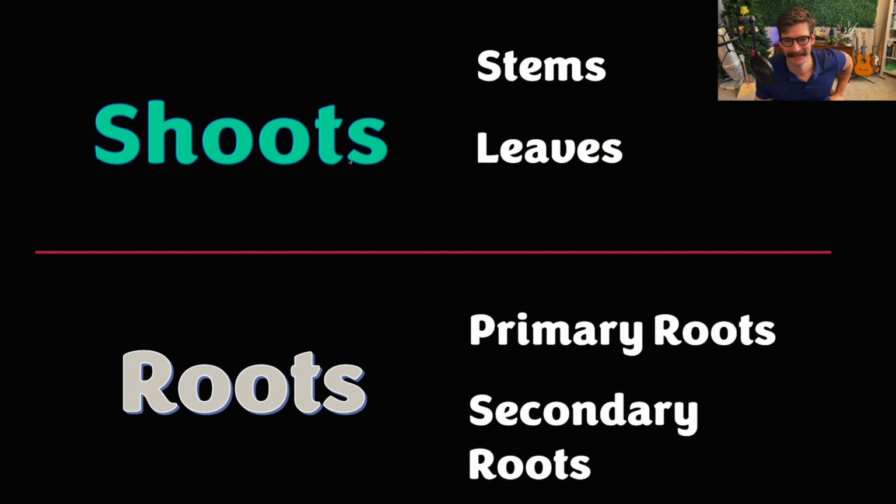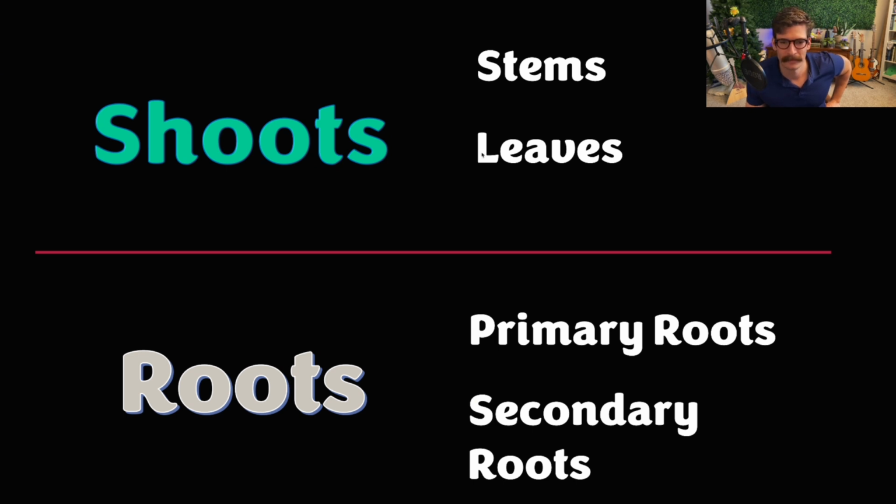It does. Oh, roots and shoots. In Hawaii, people say shoots. And so I'd make a joke about that. But we don't speak pidgin, most of us. So roots and shoots. Shoots have leaves and stems, and roots are primary roots and secondary roots. Easy enough. So the shoot is the thing above the ground mostly, and it's just two things, stems and leaves.